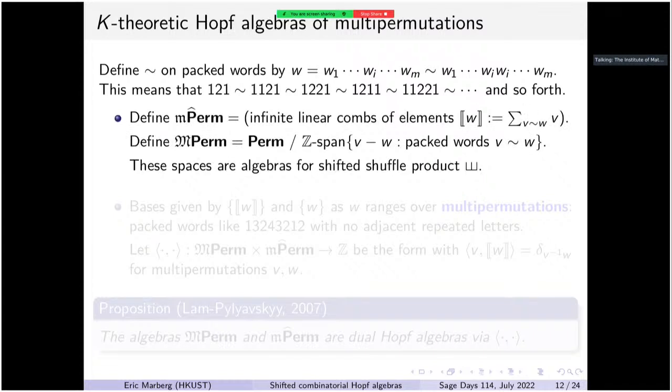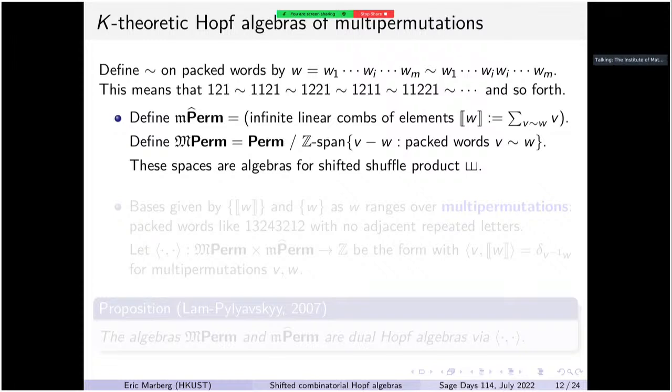And we're going to define 2 variations of this Hopf algebra of permutations. The first is this bracket W, which means you sum over all packed words that are equivalent to W under this relation. You start with a word, and you can arbitrarily condense or double letters as you wish. This is going to be an infinite sum.